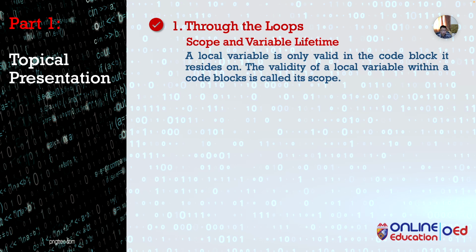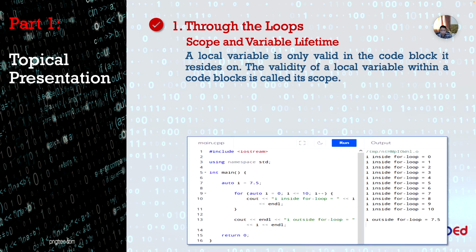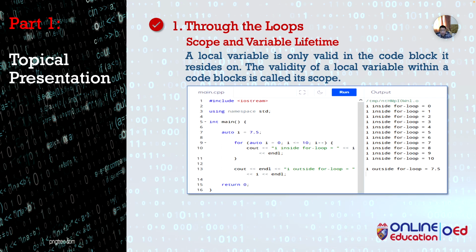Variables are just locations in memory. When a variable goes out of scope, the memory allocated to it in the block is freed for use for other processes. In this example, the I inside the block, this I, is not the same as the I outside the for block.